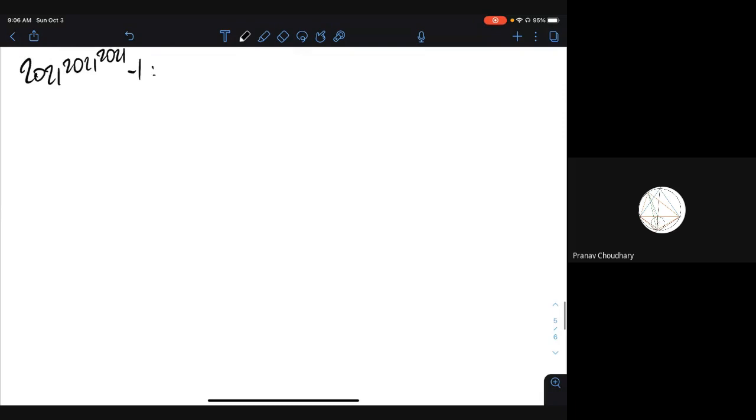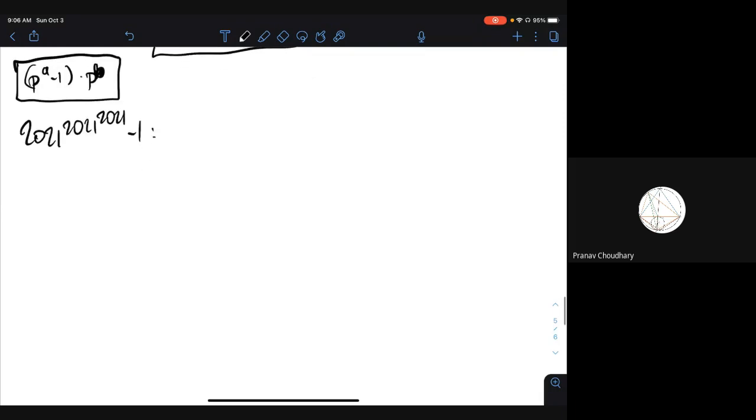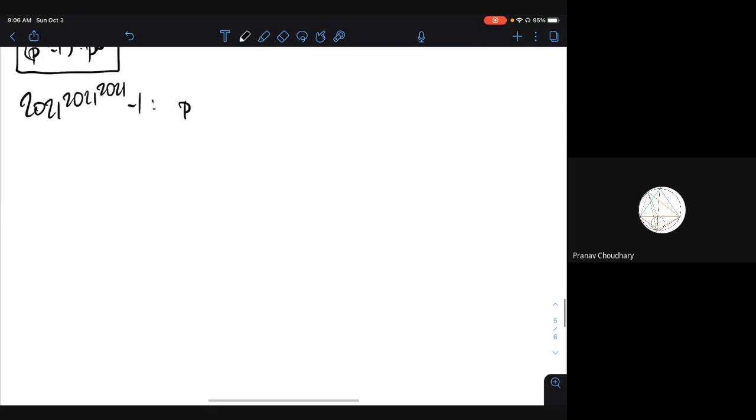Okay. So the idea I was saying was that when we have p and p minus 1, then we can go from that to p times p minus 1 times p plus 1, which is p times p squared minus 1.